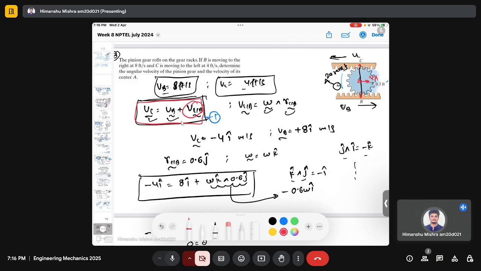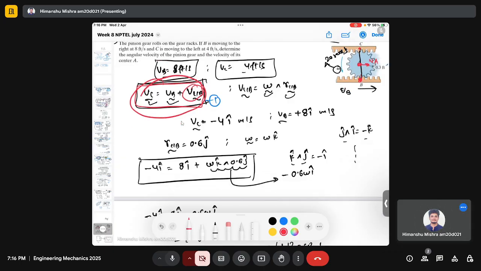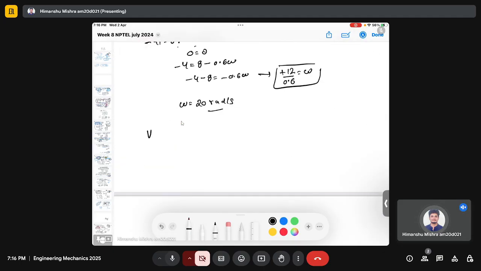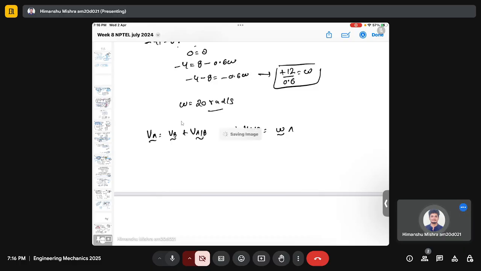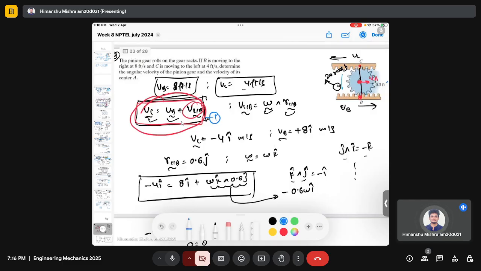So now we consider point A and point B and use the same equation, but instead of C we have point A. So VA equals VB plus velocity of A relative to B. Velocity of A relative to B will be omega, the rotational motion of the particle, cross product with position vector AB, which is the radius between A and B.